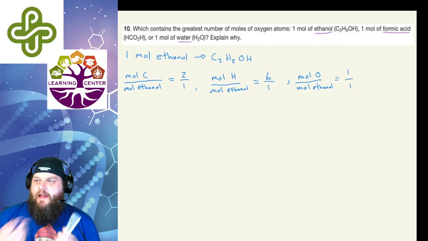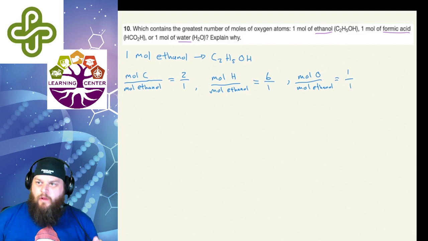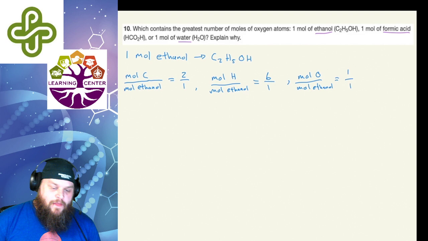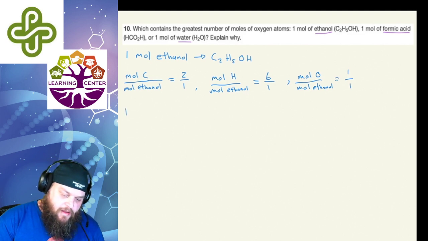So if we were to take that molecule of ethanol and break it up into all of its individual atoms, you can see we'll end up with 6 moles of hydrogen, 2 moles of carbon, and 1 mole of oxygen. And that was for ethanol. So let's do the same thing for 1 mole of formic acid.